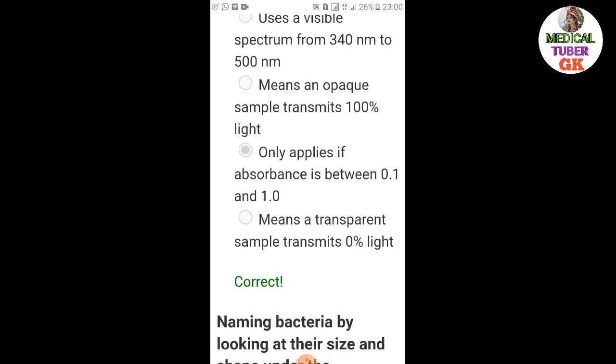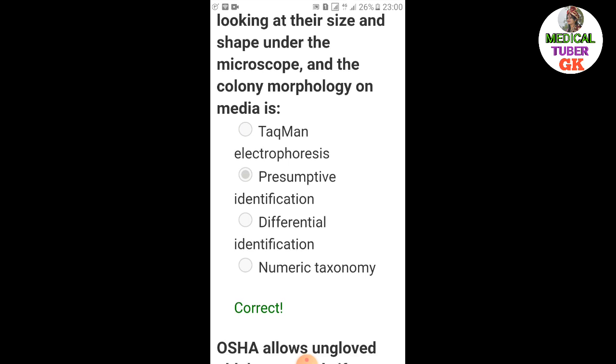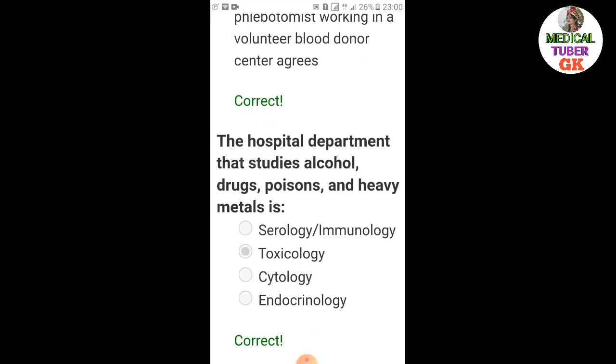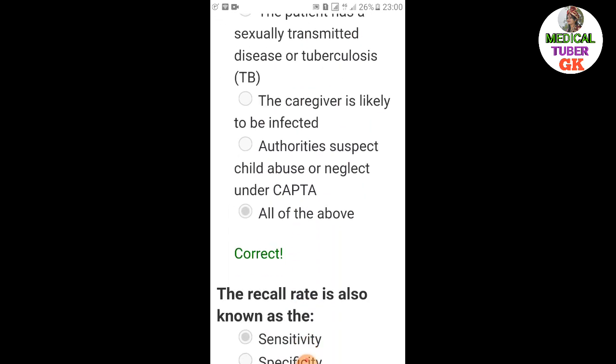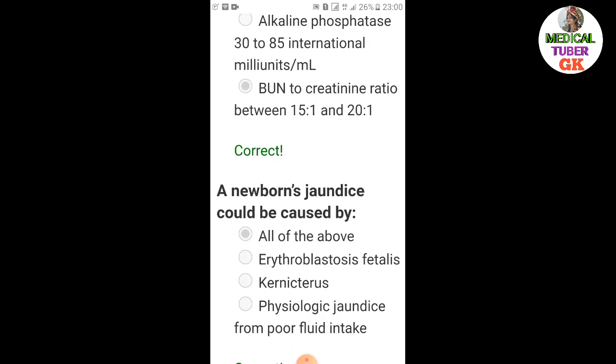Friends, all our questions are correct, and review and see marks, our result. Total number of questions 15 and total marks of 15, and we got 15 out of 15.